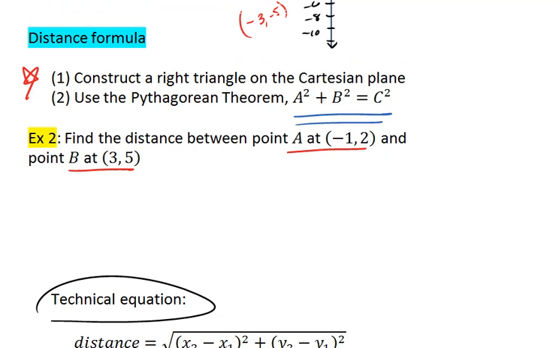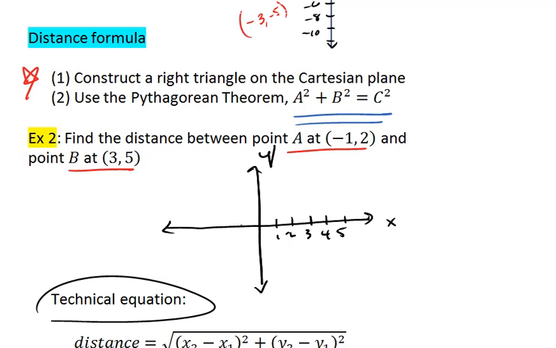Alright, again, we want to have a Cartesian plane. We'll have 1, 2, 3, 4, 5. -1, 2, 3, 4. 1, 2, 3.